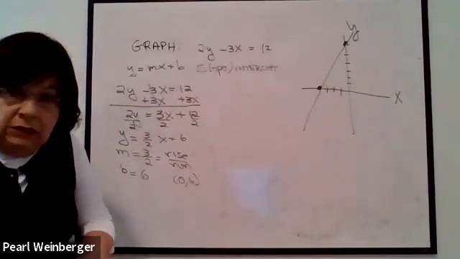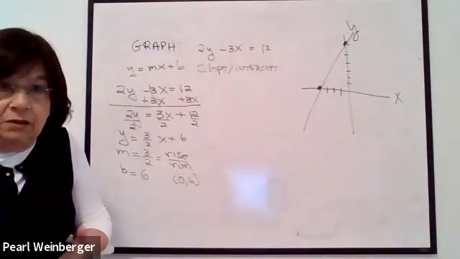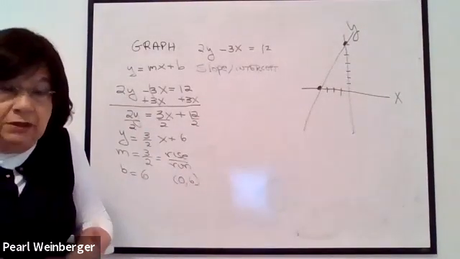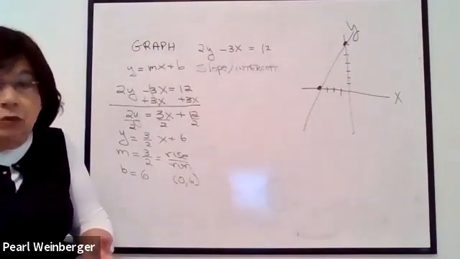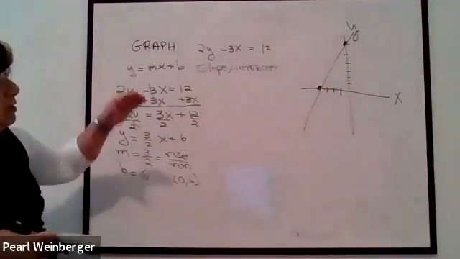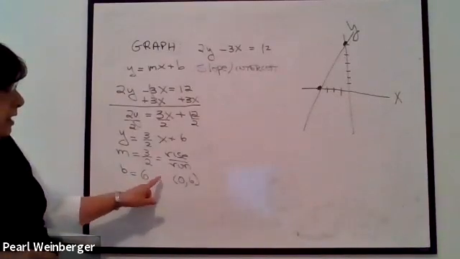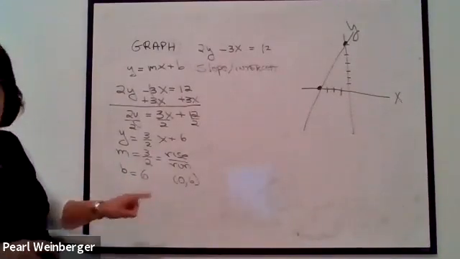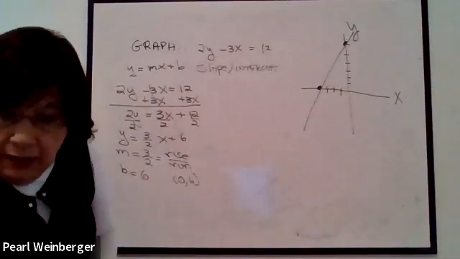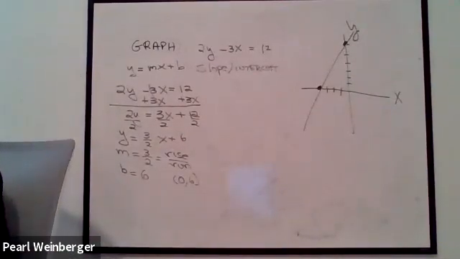But since on the y-axis, the x value is always 0, we say that the y-intercept is 6 because it's understood that the x is going to be 0. Using this information, we can draw.